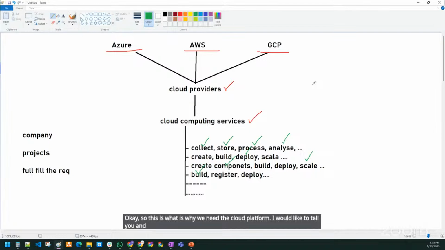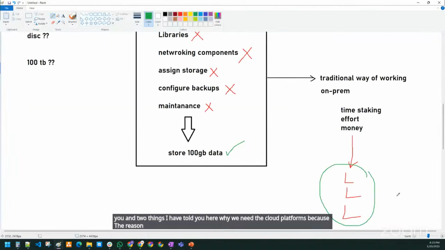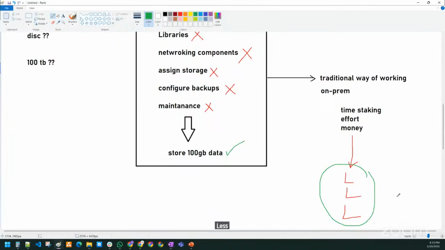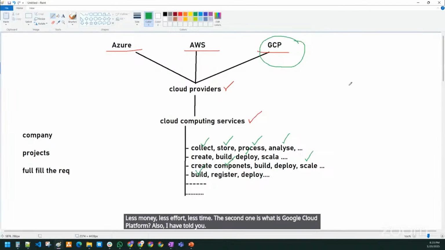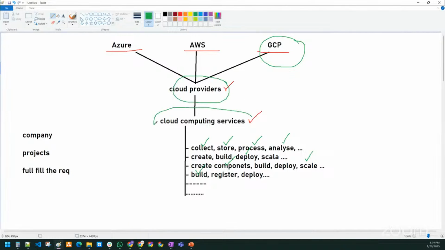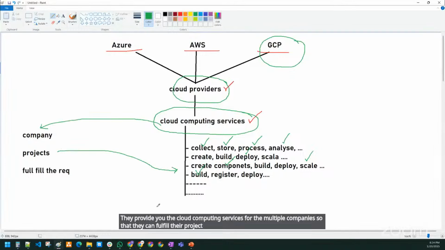Two things I have told you here. Why do we need the cloud platforms? Because of this: less money, less effort, less time. The second one is, what is Google Cloud Platform? If you look at it here, sir, Google Cloud Platform is one of the leading cloud providers. They provide cloud computing services to multiple companies so that they can fulfill their project requirements.